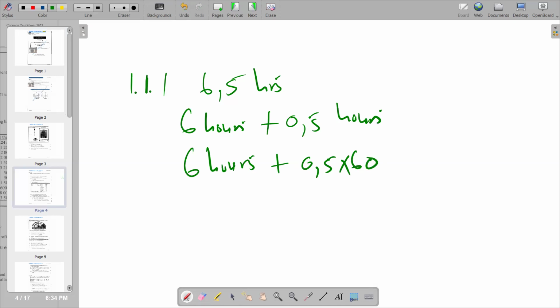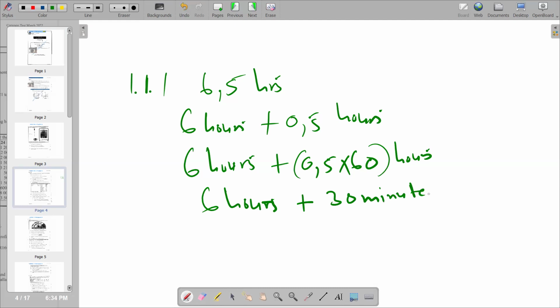And then here 0.5 times 60, you're going to get 30 minutes. So basically, that becomes your final answer, which is going to be 6 hours plus 30 minutes.